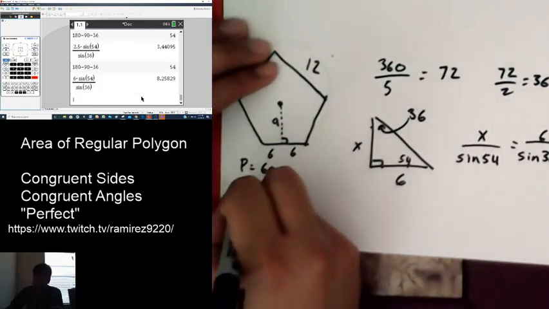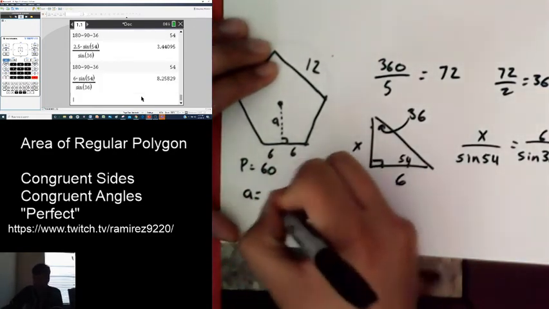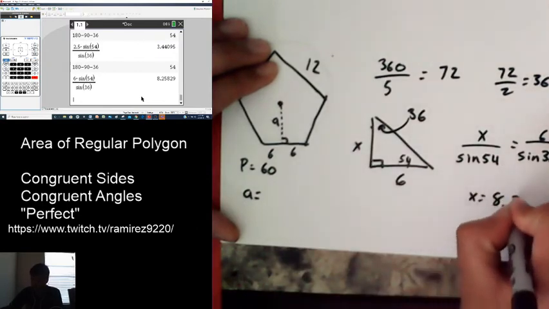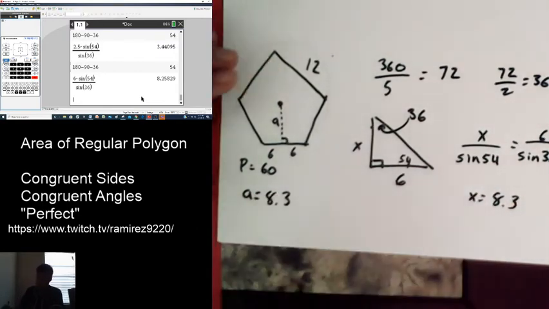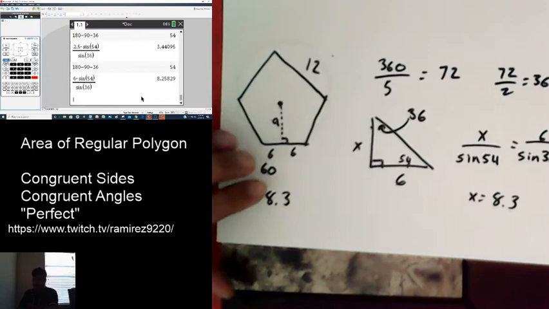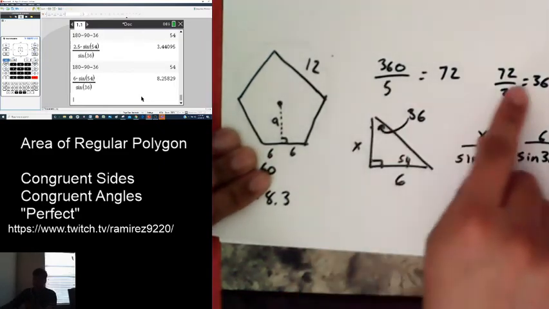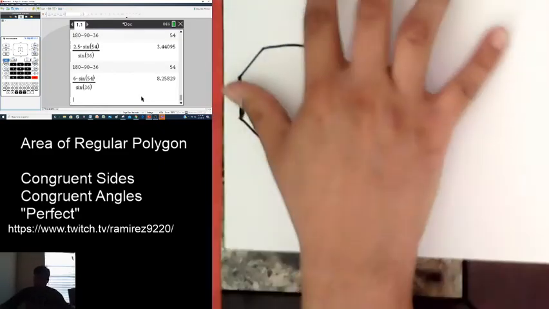So x, which represents my apothem, is pretty much 8.3. Okay, so again, notice how easy it is to calculate our apothem. We find our angle. Don't forget how to find our angle.